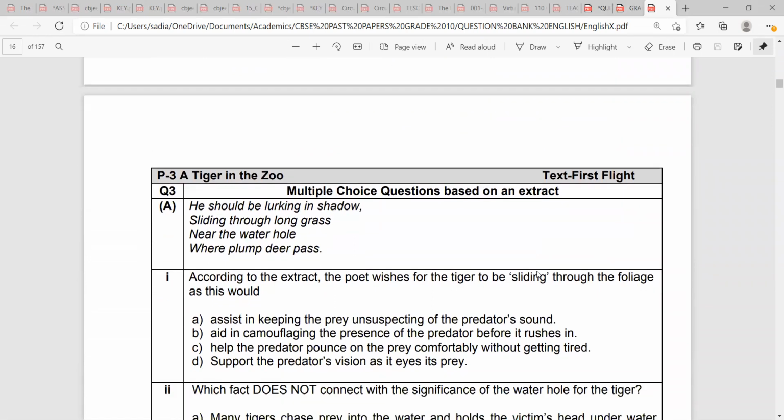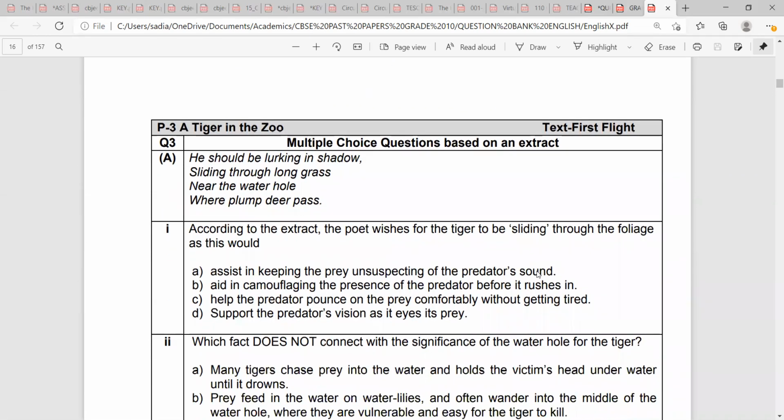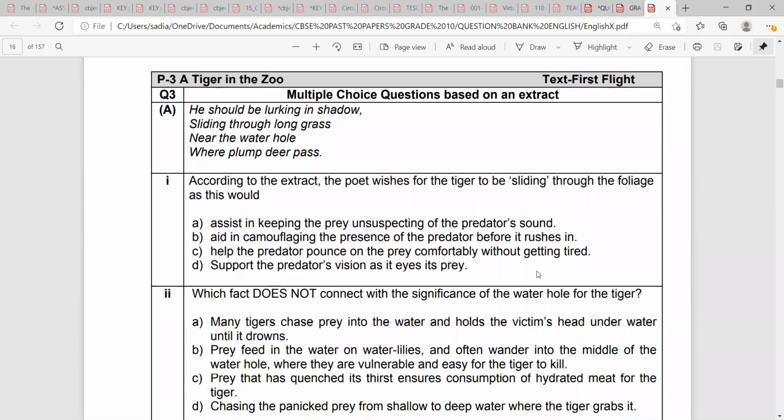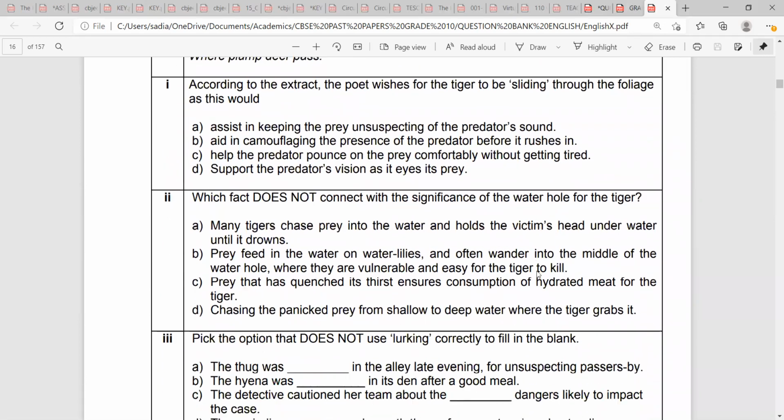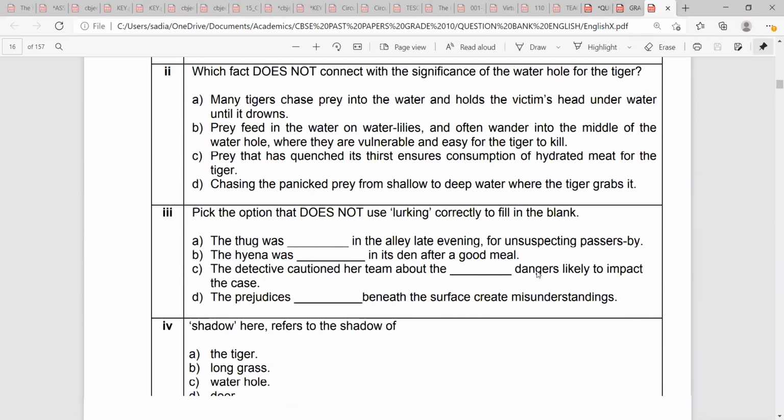Next is the poem, A Tiger in the Zoo, from the textbook First Flight. Pause the video, read the questions.